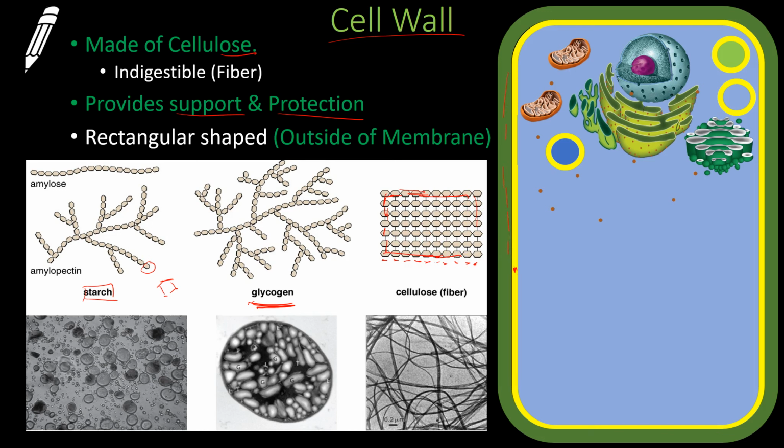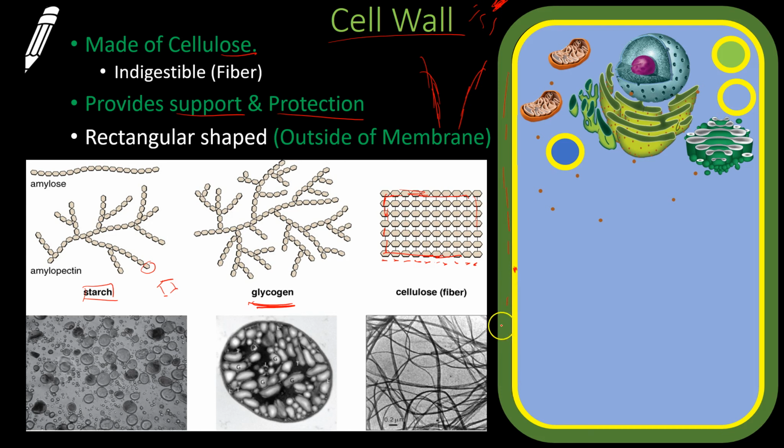Now, why is this important for plants? This is why plants are able to grow so tall. Okay? Plants could grow several feet tall, so that way they could get lots and lots of sunlight at higher levels, okay? And why are they able to grow so tall without falling over? It's the plant cell wall, okay?